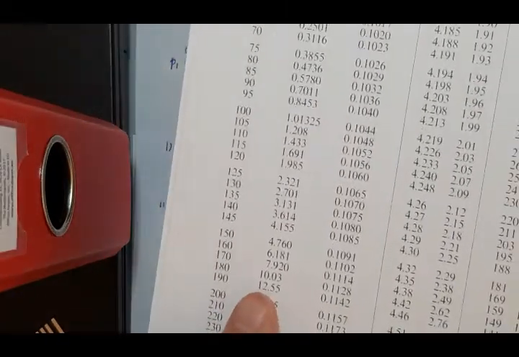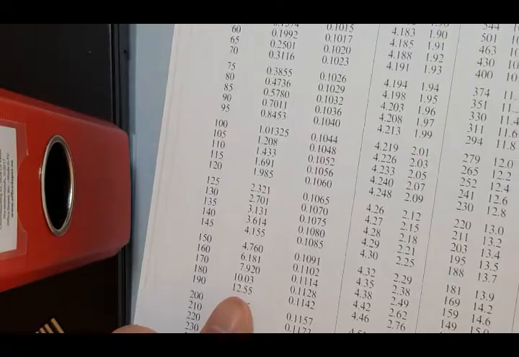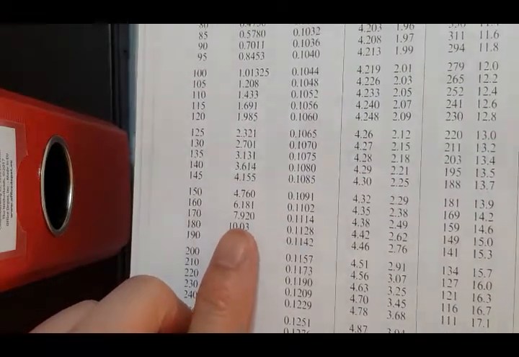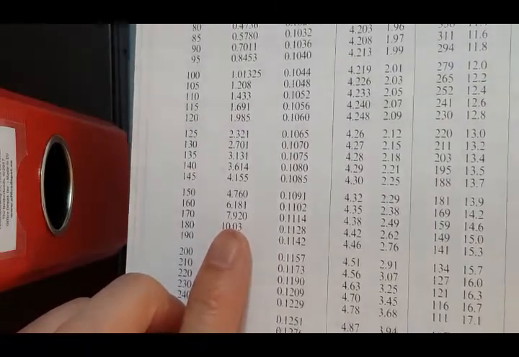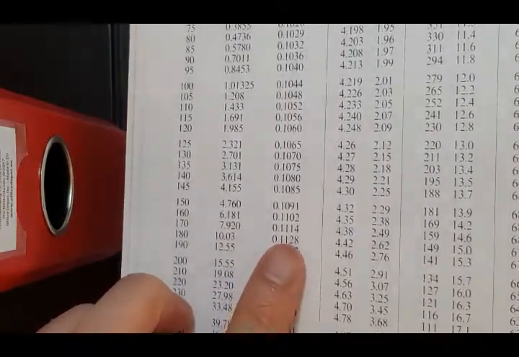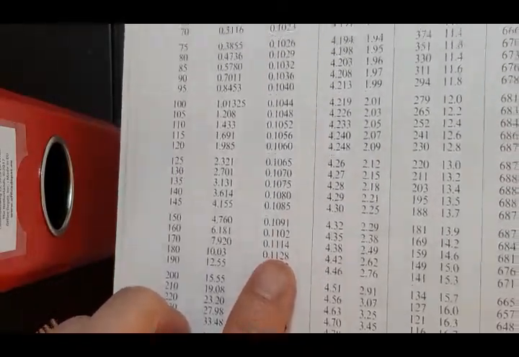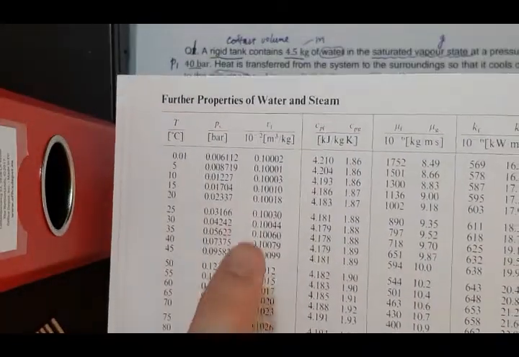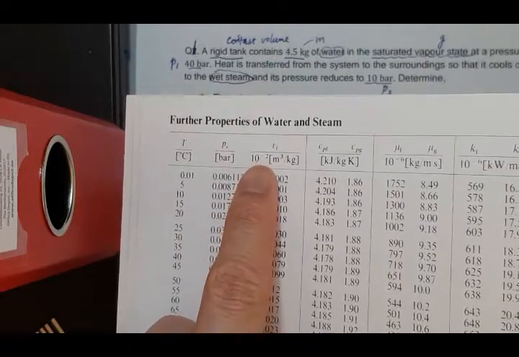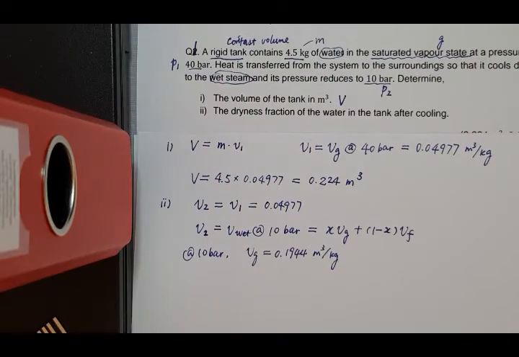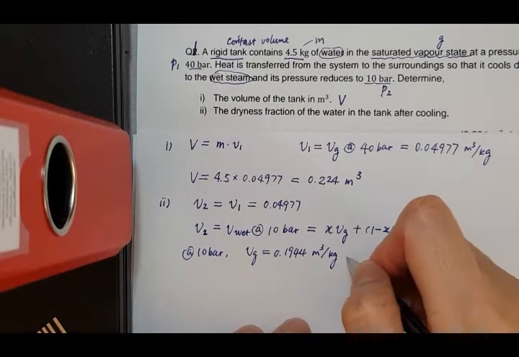We haven't got exactly 10 bar, but we do have a very close value, which is 10.03 bar. It's very close, so we can just use the figure 0.1128, and you do need to remember to multiply by 10 to the power of -2. So this is Vf at 10 bar.